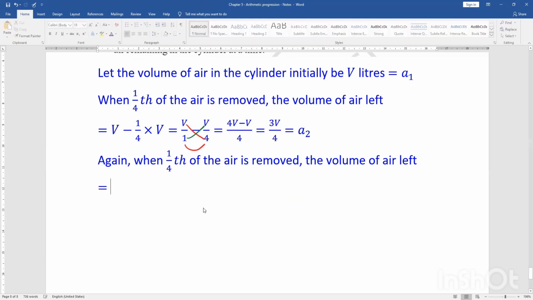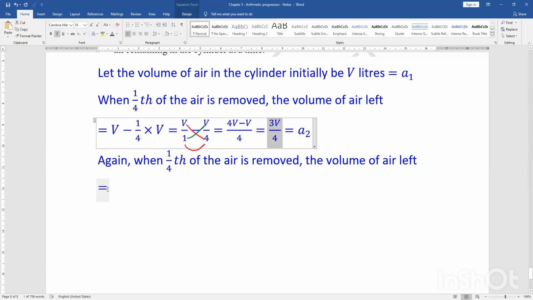So this time you're going to take the initial value. What is the initial volume now? Initial volume will be this much, 3V by 4, right? Now for this, I'm going to remove 1/4 of that.